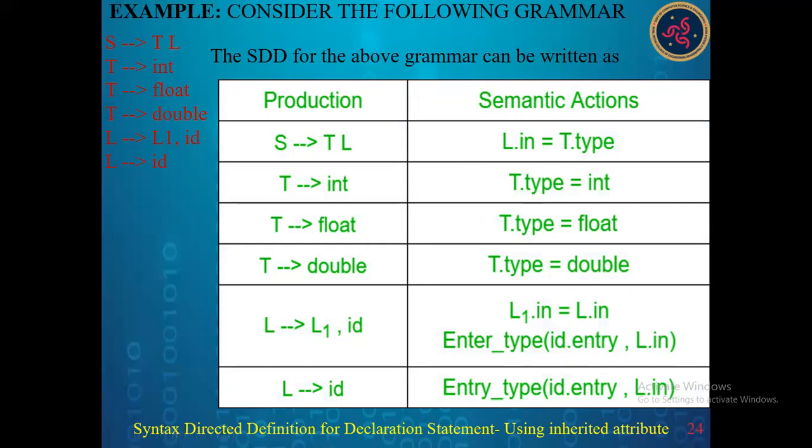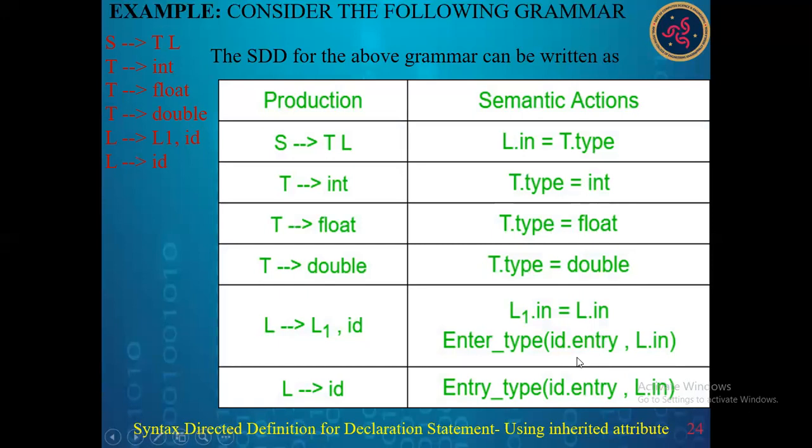Suppose, if you are considering an example, id dot entry is having a variable named sum. In the symbol table we will be having a particular row for sum, right? So for that particular entry in the symbol table, if the value of L dot in is int or float, suppose I'm taking it as int, then in the symbol table entry, this integer data type will get added to the entry sum.